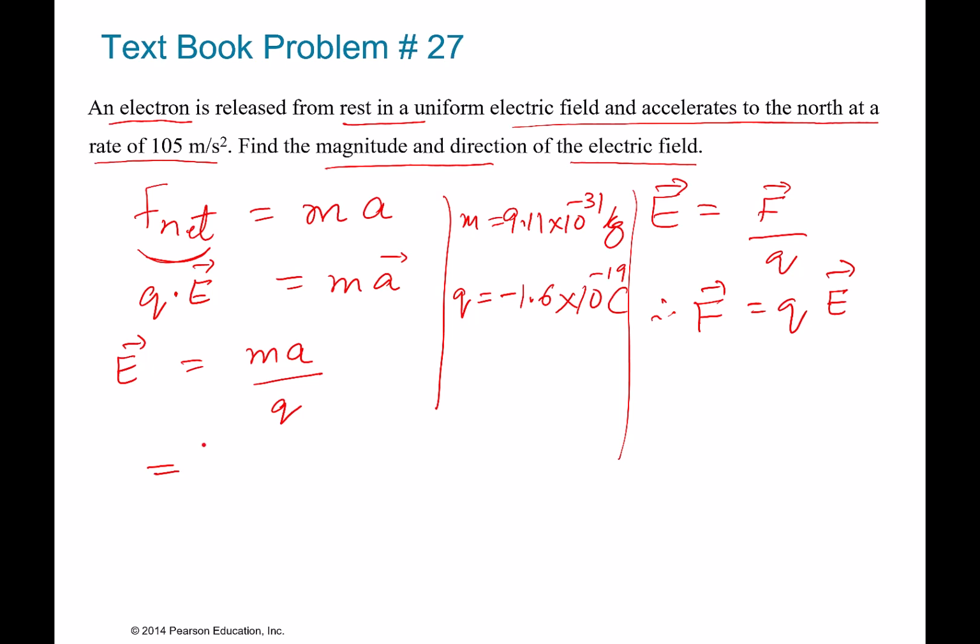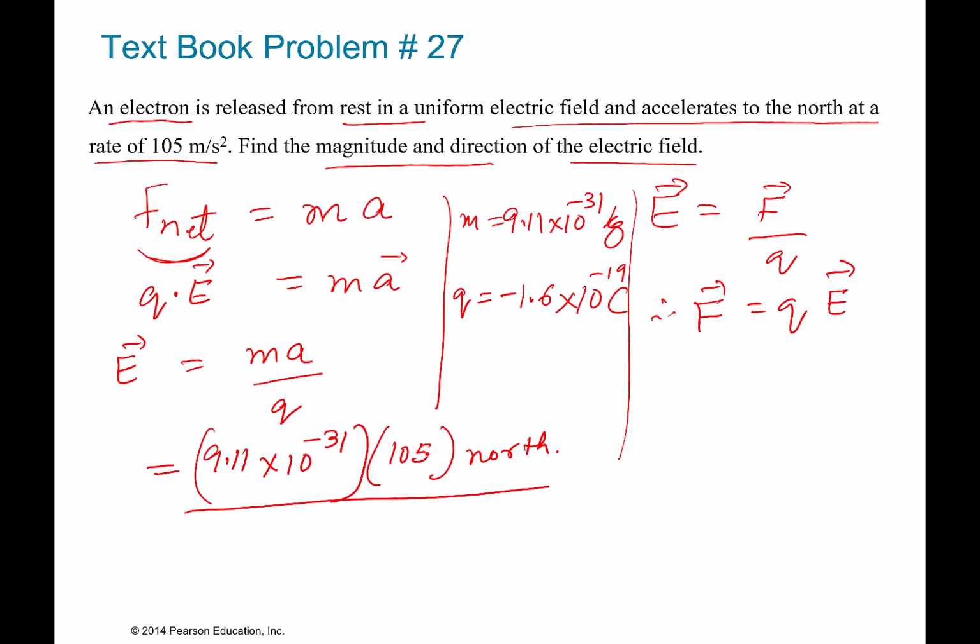Go ahead and substitute the values. 9.11 × 10^-31 kg. Acceleration is 10^5 meters per second squared north, divided by the charge, minus 1.6 × 10^-19 coulombs.